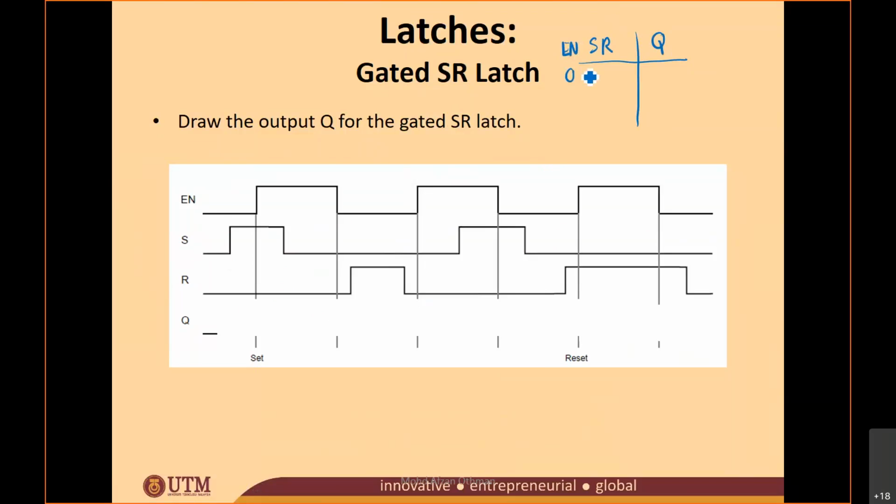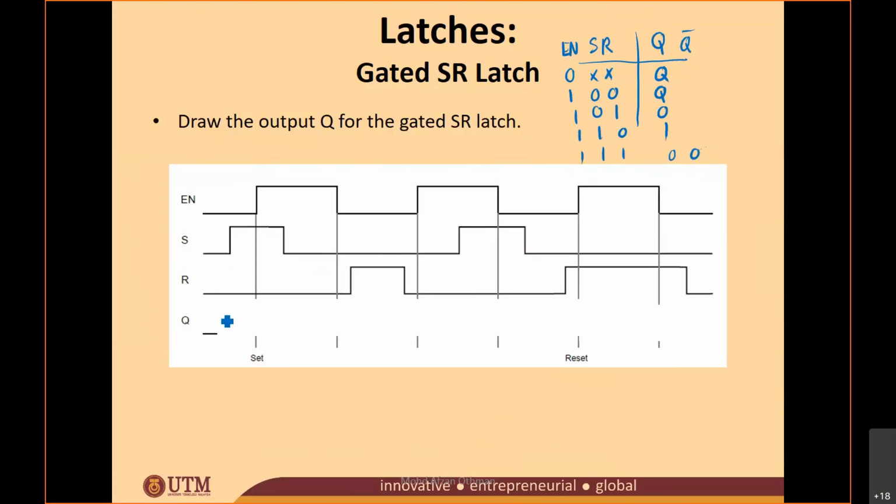Bila 0, regardless of input SR, tak kisahlah S0 ke, R1 ke, Q sentiasa tidak berubah. Tapi bila enable kamu 1, the output of Q will depend on the input SR. Kalau 00 tak berubah, 01 reset, 10 set, 11 forbidden lah. Okay, so this one is forbidden. So this is Q bar.